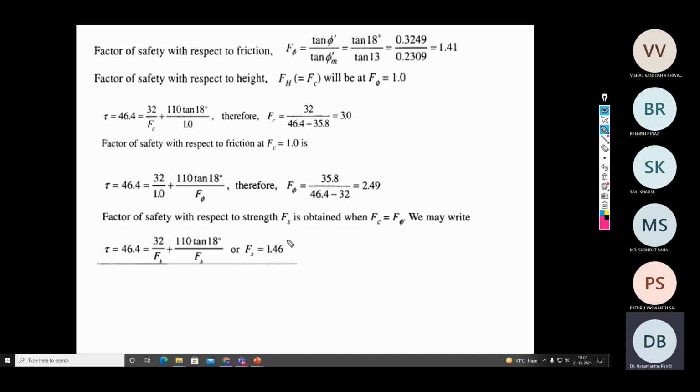There is no problem for the slope with respect to the critical height because the factor of safety is very high, almost 3. Even if you assume F c is equal to unity, the factor of safety with respect to phi is still very high, 2.49, no problem. So this indicates that the combination plays a dominant role rather than the individual parameters. That is the takeaway from this sum.